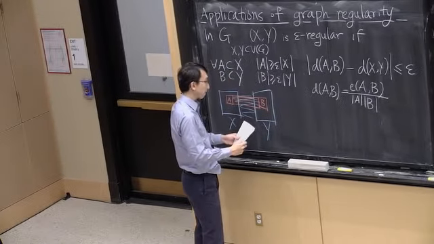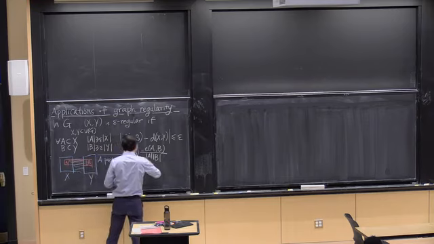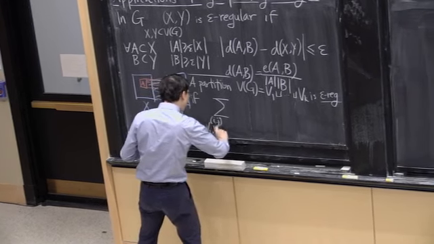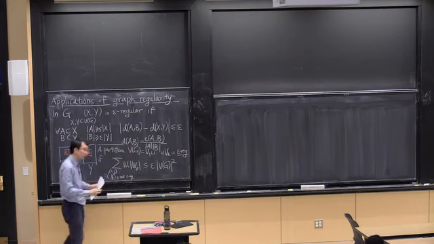And we say that a partition of the vertex set of the graph is epsilon regular if, by summing over all pairs ij such that Vi, Vj is not epsilon regular, if we sum up the product of these part sizes, then this sum is at most an epsilon fraction of the total number of pairs of vertices.